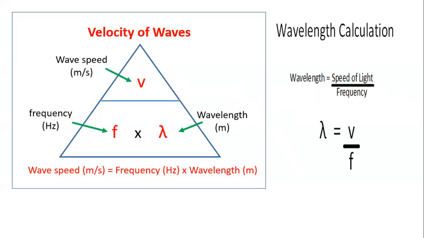Consider an electromagnetic wave that has a wavelength of 3 meters. Its speed, like the speed of all electromagnetic waves, is 3.0 times 10 to the 8th meters per second. Its frequency can be found by substituting these values into the frequency equation. Therefore, frequency equals 3.0 times 10 to the 8th meters per second divided by 3.0 meters, which was the wavelength given in the problem.